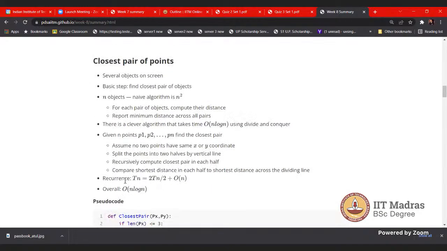Every time, this is the recurrence relation. When we divide the problem into two subproblems, this is represented as 2T(n/2). We divide the problem T into 2T, and the size of each problem is n by 2. After dividing, there is another part of the program which takes big O of n complexity.